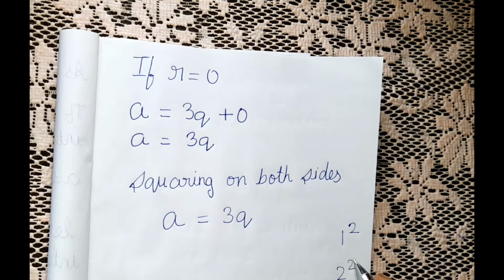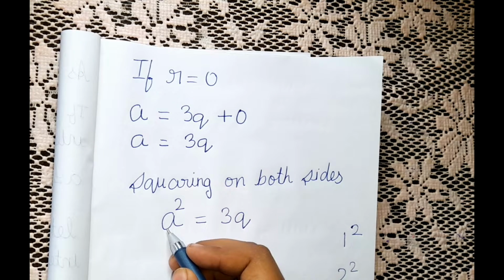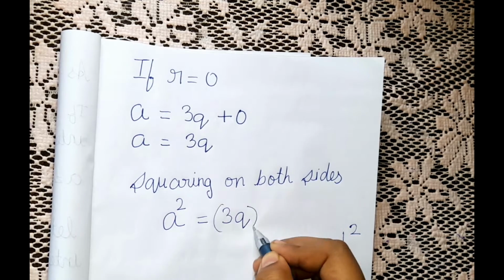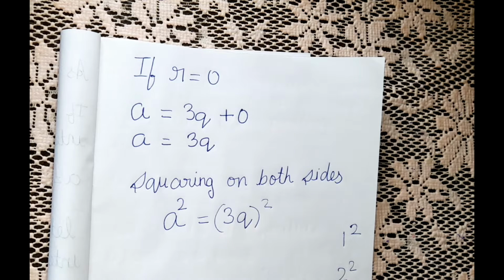Like that, we are going to be putting this 2 on the top of these. We have to make it in the exponent form. Okay, so we shall write square here. That means it is a square, and we shall write bracket here on square. So it is 3q the whole square. Okay, this 2 belongs to q as well as 3. That is the meaning of it.